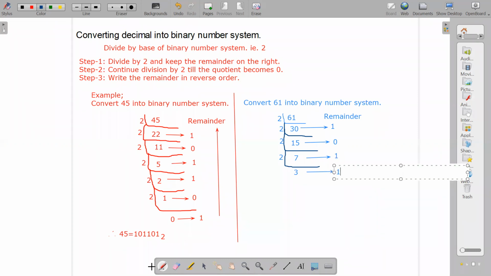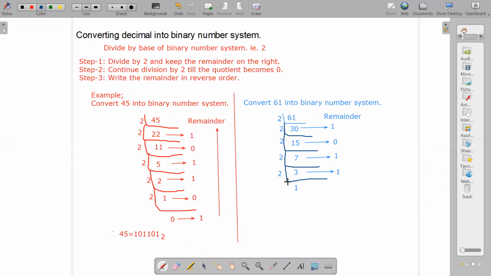Again, we will continue until we get 0, right? And we don't divide by other, only 2. 2 how many times to get 3? 2 1s are 2 only can be done.